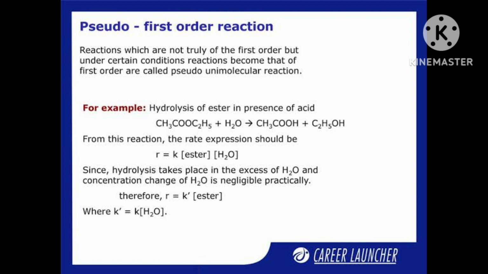All ethyl acetate converted into acetic acid and ethanol. In the beginning when T was 0, the concentration of ethyl acetate was 0.01 and water was 10 mole, and acetic acid and ethanol were 0, none formed. But at the end, when the reaction completed, ethyl acetate became 0.